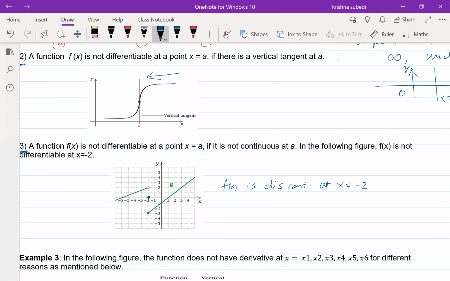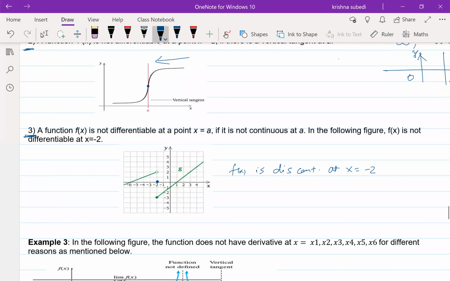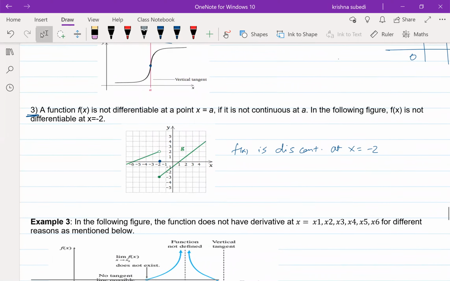If the function is discontinuous, that means the function is not defined at that point. If the function is not defined, there is no question of drawing the tangent line because the point is not there. So you cannot find the derivative at a point where the function is discontinuous.